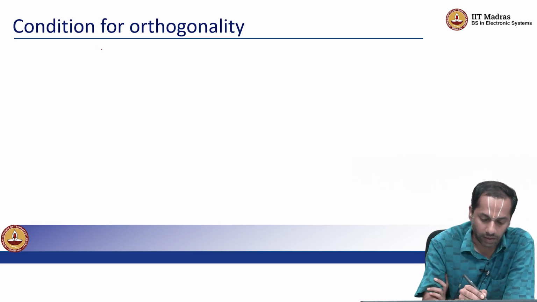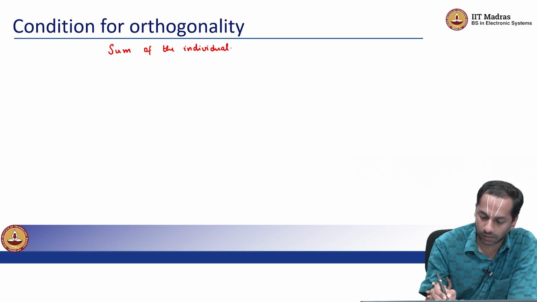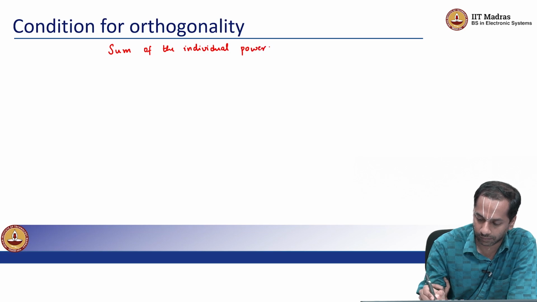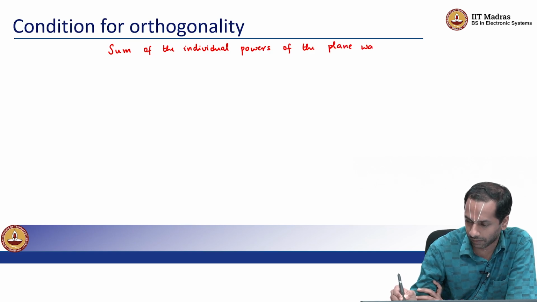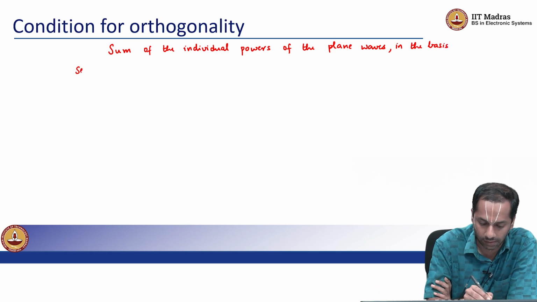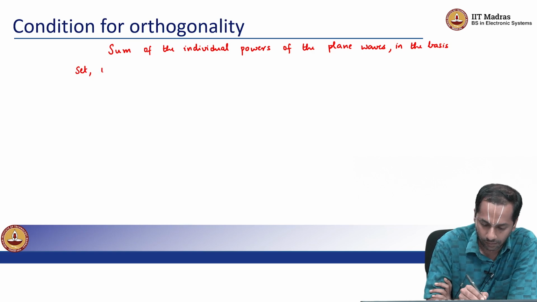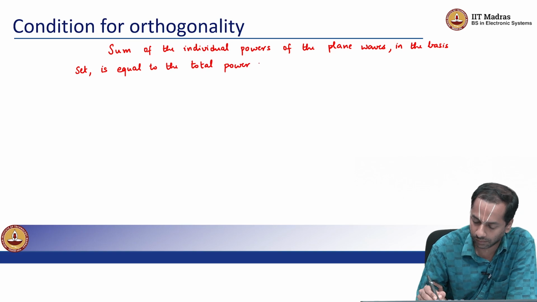So, the condition for orthogonality is the sum of the individual powers of the plane waves, I am going to add in the basis set, I hope it makes sense, is equal to the total power of the composite wave.